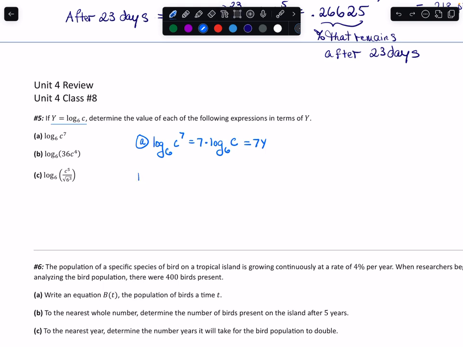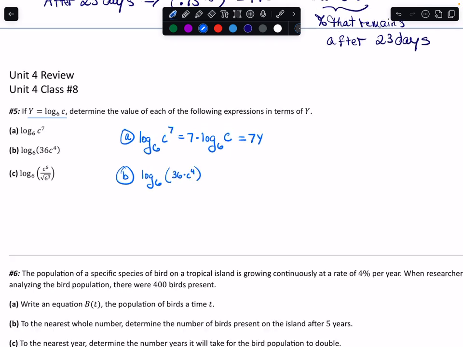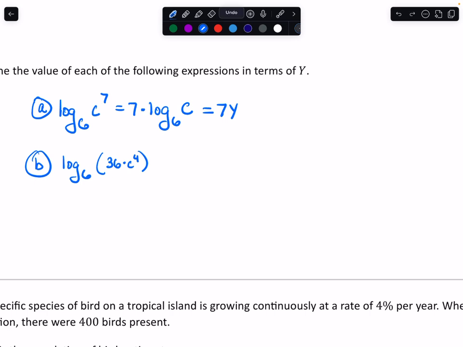Okay, B. Now you have log base 6 of 36 times c to the 4th. Given that I see that product inside the argument, I'm going to use the product property. So it's log base 6 of 36 plus log base 6 of c to the fourth. Log base 6 of 36: 6 squared is 36, so log base 6 of 36 is 2.